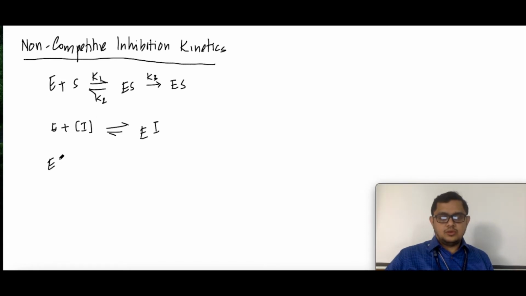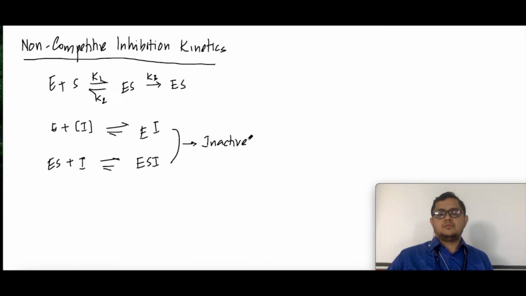Also, it binds to the ES, so both these EI and ESI become inactive compounds. We assume that the rate constant for this combination is Ki1, whereas this combination is Ki2. I refer to the other inhibition reactions for how this Ki forms.